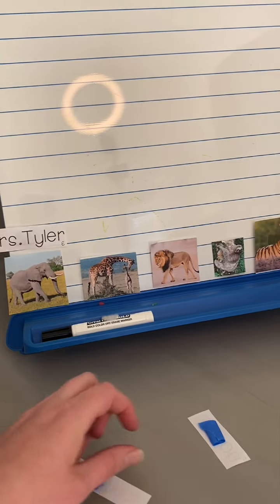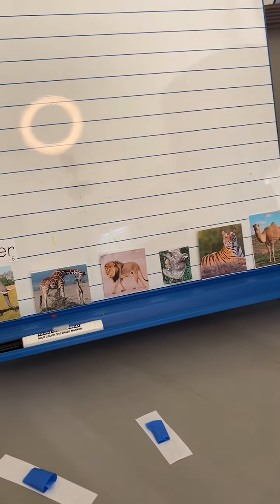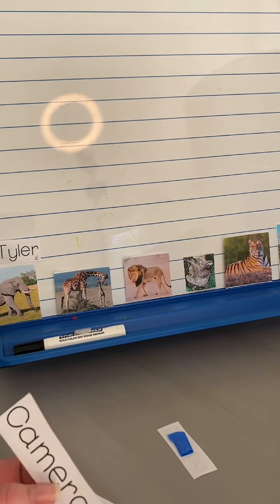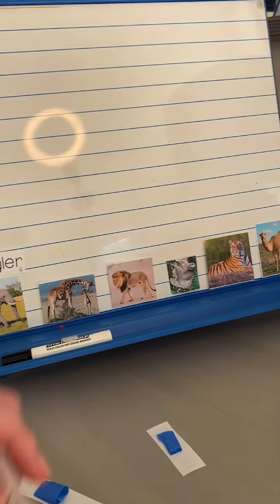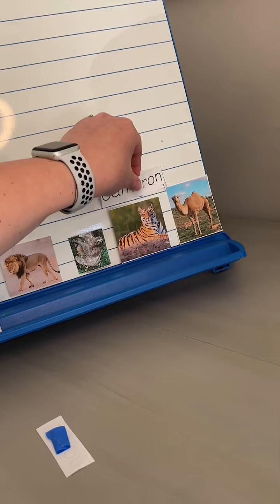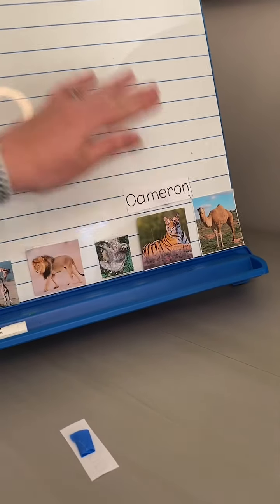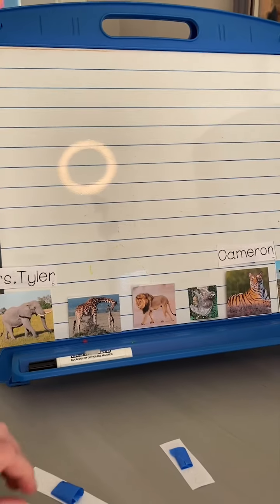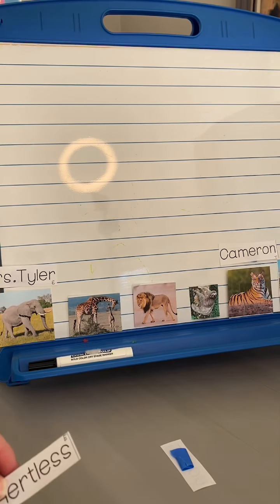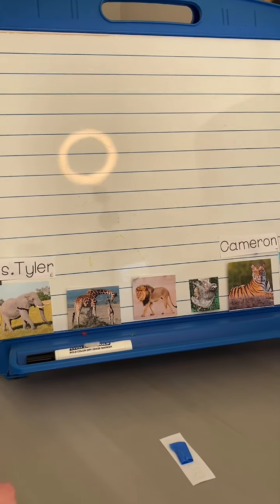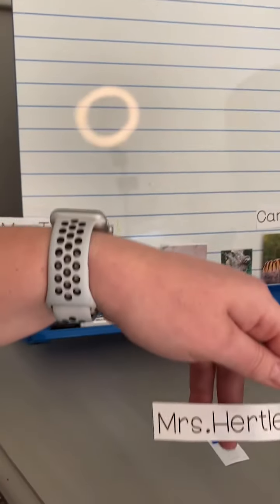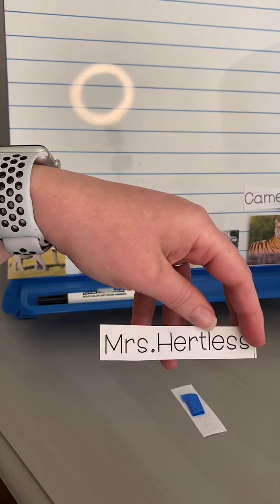So now we're going to move on to my friend Cameron. Cameron's favorite animal was a tiger. Now we're going to move on to Mrs. Hurtless. Who knows what Mrs. Hurtless's favorite animal might be?